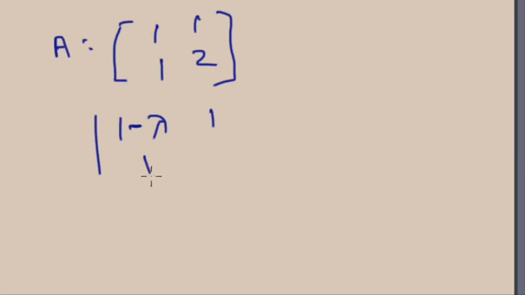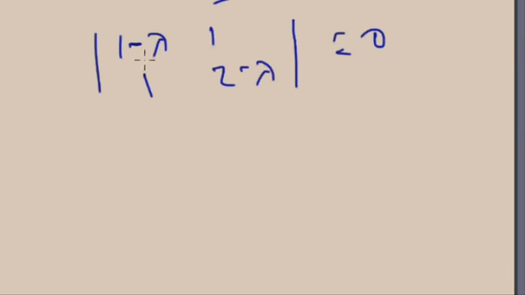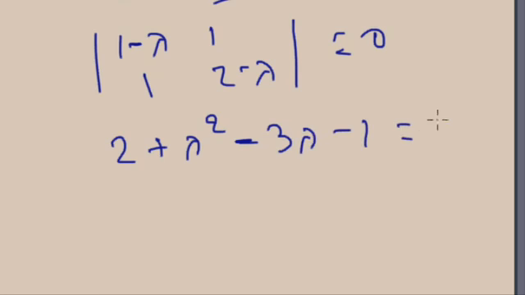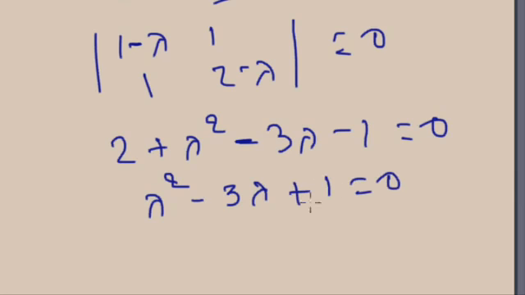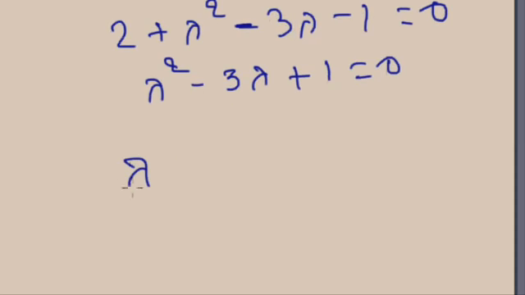So (1 minus lambda)(2 minus lambda) minus 1 is equal to 0. This means lambda square minus 3 lambda plus 1 is equal to 0. Lambda is equal to 3 plus minus root of 9 minus 4, divided by 2.